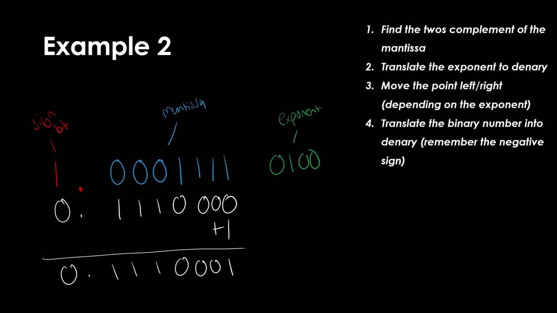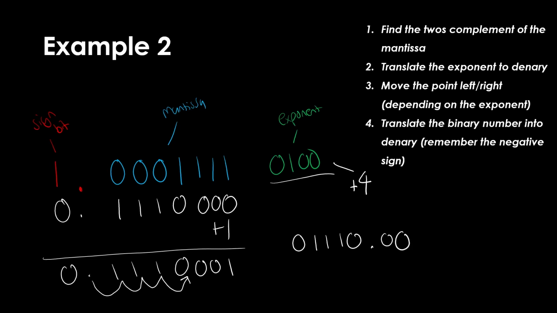Let's now work out the exponent. The exponent is going to be equal to 4, which means we're going to move it 4 places to the right. So we'll end up right there. So if we rewrite that, we'll have 0.1110.001. Let's add our place value holders to work this out. So we'll have an eighth there, a quarter, a half, 1 2 4 8 16.